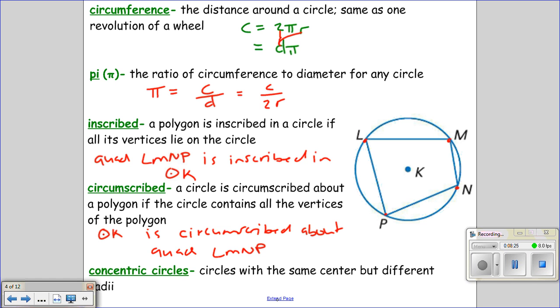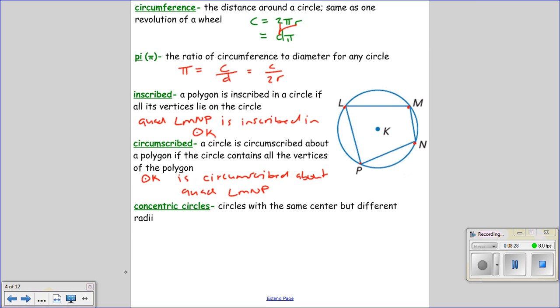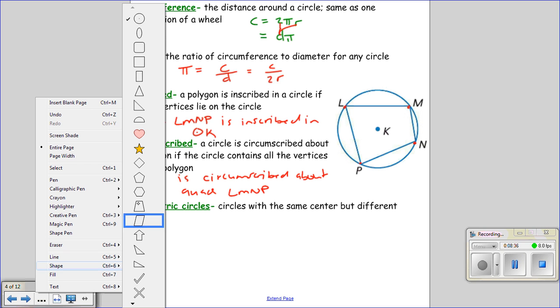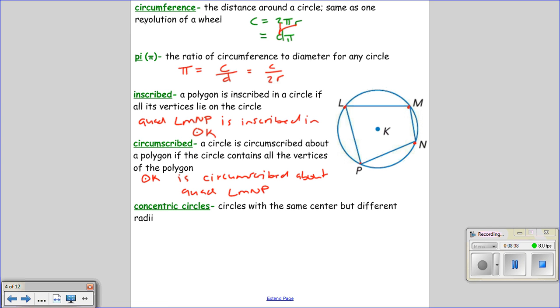Concentric circles are circles with the same center but different radii. So another way of thinking about concentric circles is like a bullseye. It's basically circles within circles. So here's one. There's two.